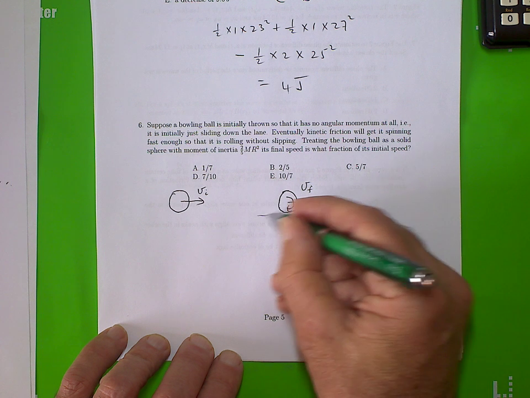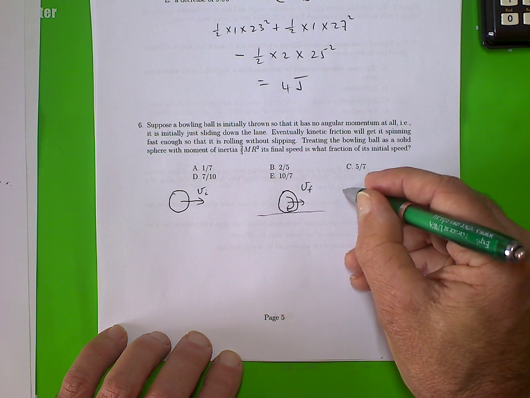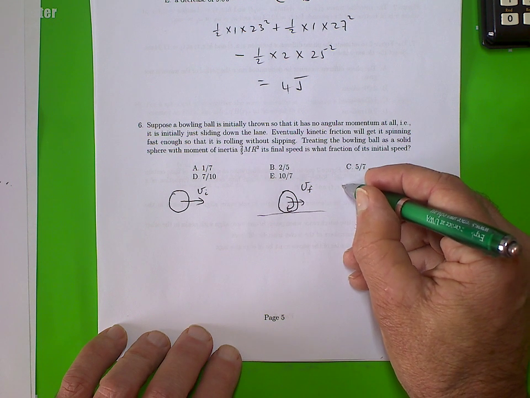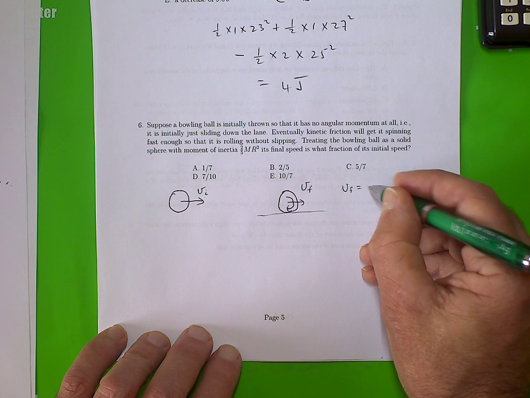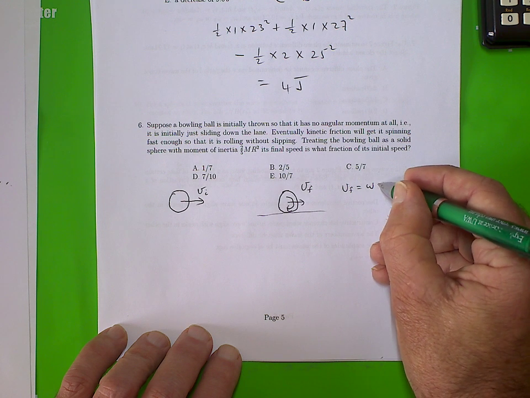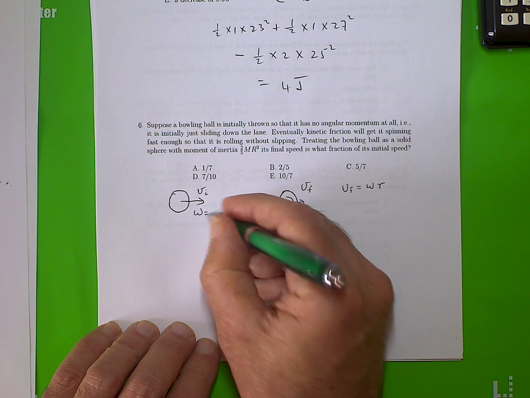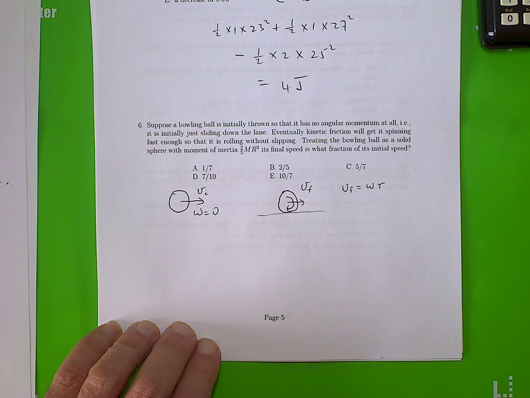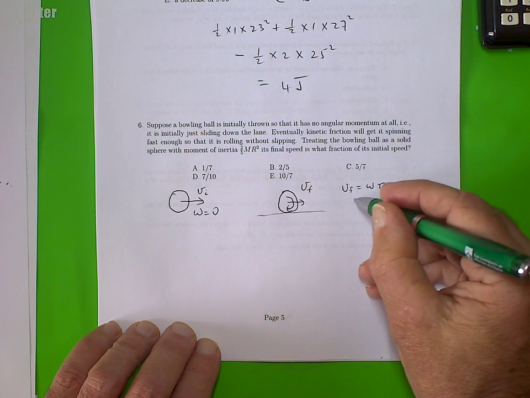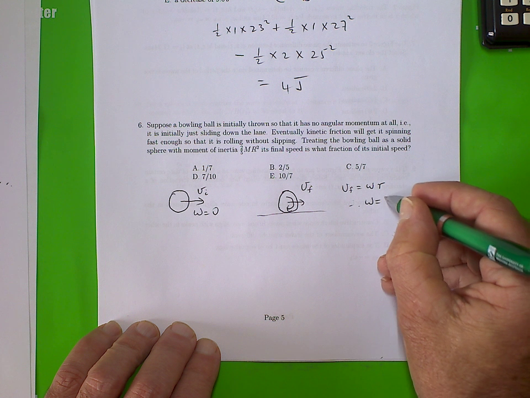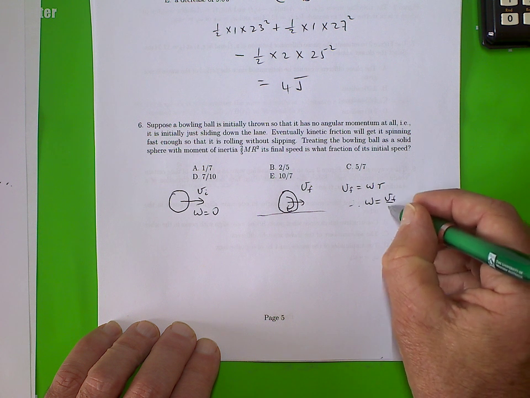It's rolling without slipping, which means that we have vf equals omega r, and here we have omega equals 0. So here we can say omega equals Vf over R.